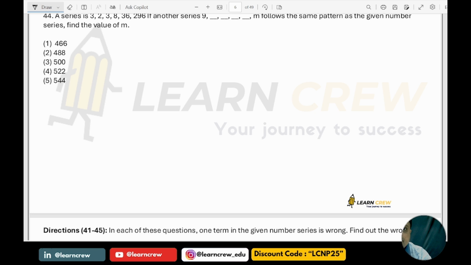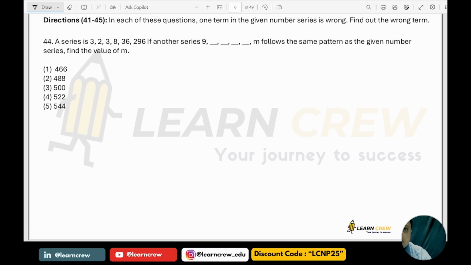Next, please see a series: 3, 2, 3, 8, 36, 296. If another series 9 and so on, M follows the same pattern as the given numbers, then find the value of M. So 3 into 0.5, 1.5 plus 0.5 is 2.